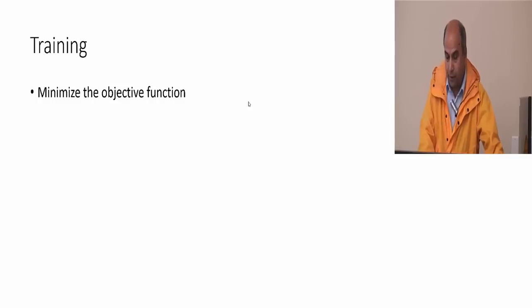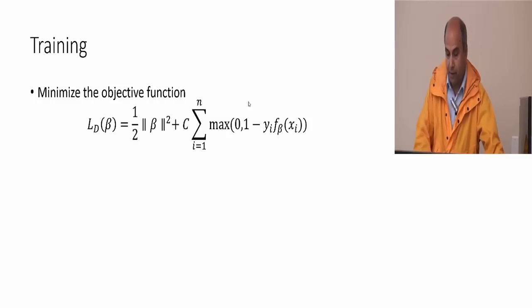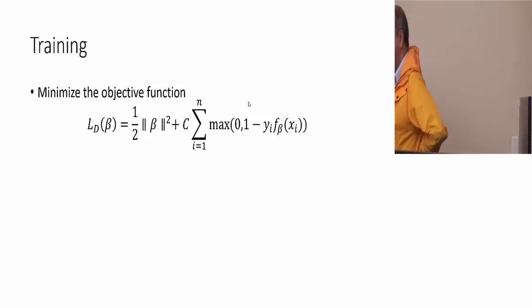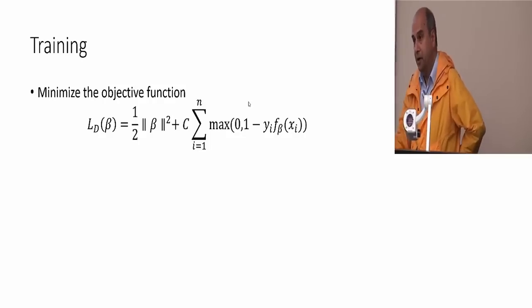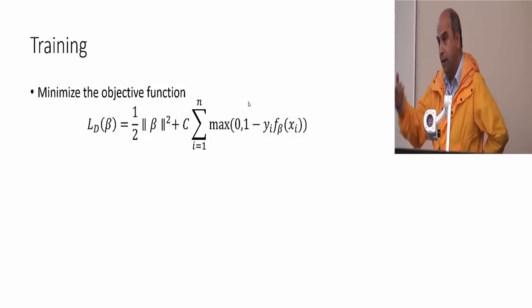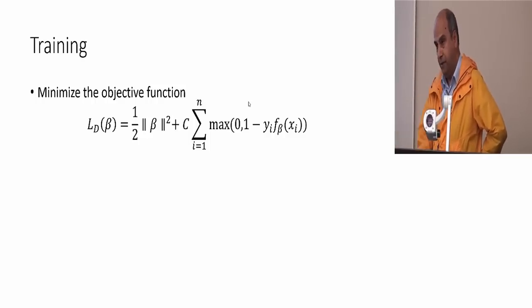So what we are going to do is minimize an objective function, which is very similar to the SVM you have learned. Beta is like your W, and even though now it's not a hyperplane, this is actually filters, which is interesting. There are filter values, the root filter, part filters, all those, but it's a huge vector.